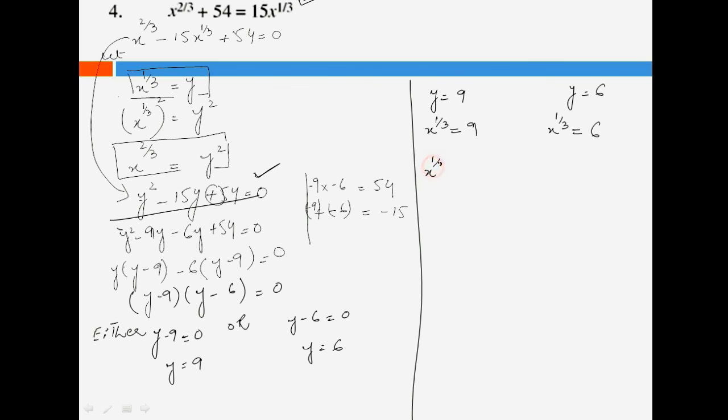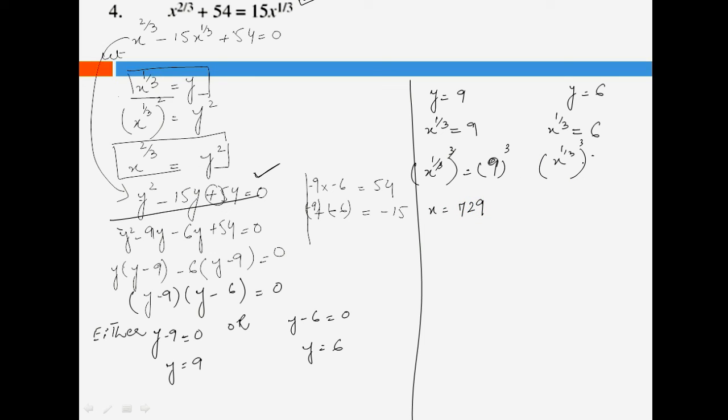Taking cube on both sides to cancel this 3, this 3 will be cancelled with 3, x is equal to 9 cube, which will be 729.